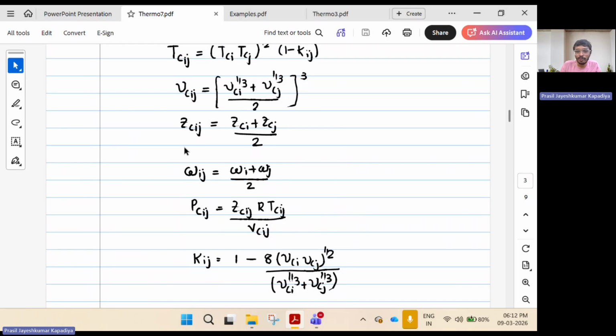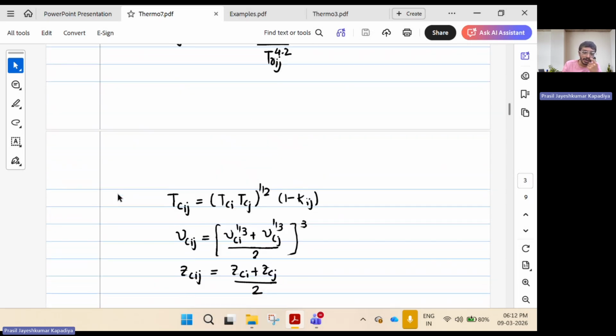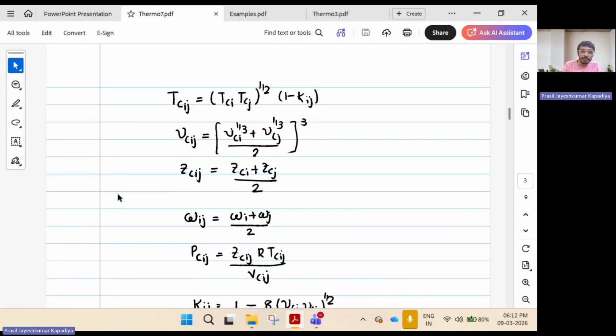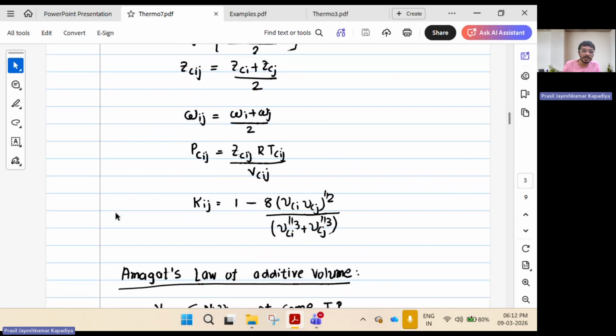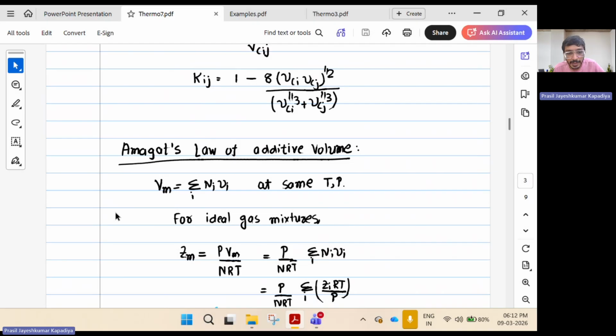So how can we do it? There is no fixed rule. If you have some experimental data, you can use these various combining rules and see which combining or mixing rule works best for your system. Based on that, you can choose it. Okay, so this was all about mixing.